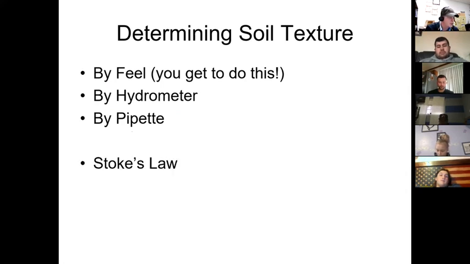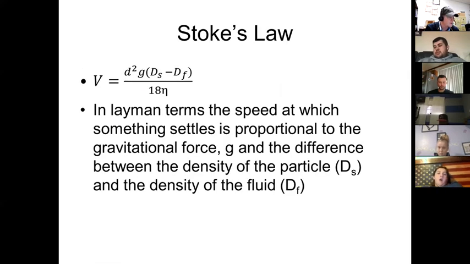Which brings us to Stokes' law, okay? Stokes' law, in a nutshell, is how fast things settle in liquids, okay? And we know that things that are heavy and have low surface area are going to settle very quickly, right?